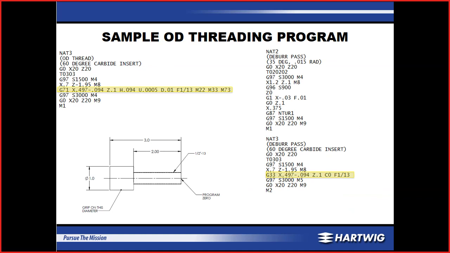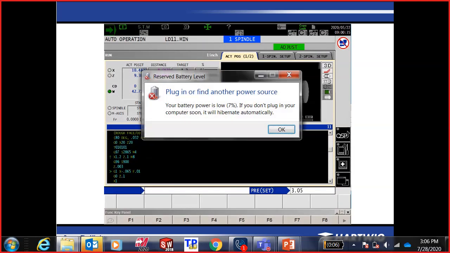So in this sample, I'm using G71 to cut the thread with chamfering turned off, zigzag threading with an M73 INFEED pattern number 1, then finish turning over the part again to deburr the thread, then using G33 to run the threading insert back through.